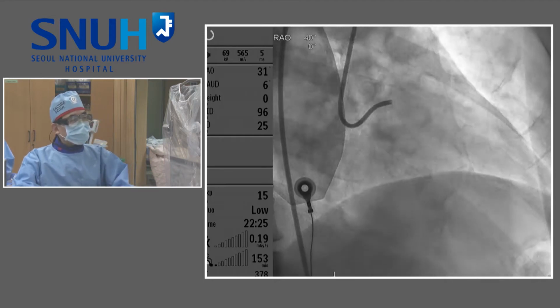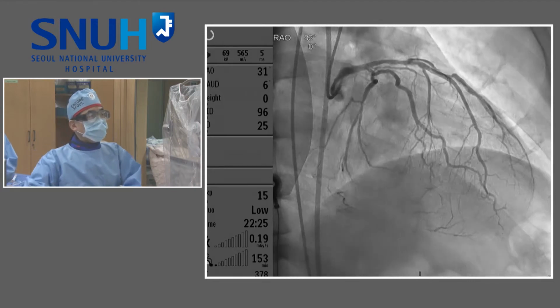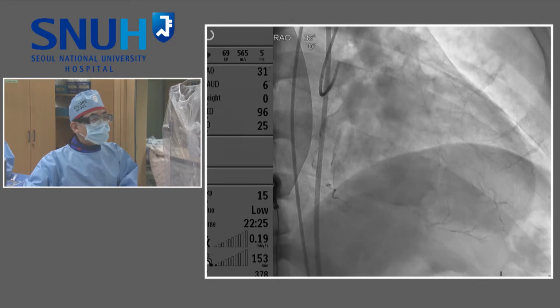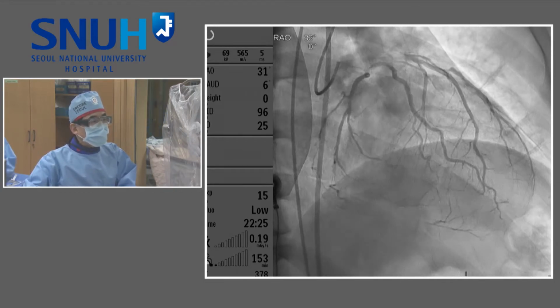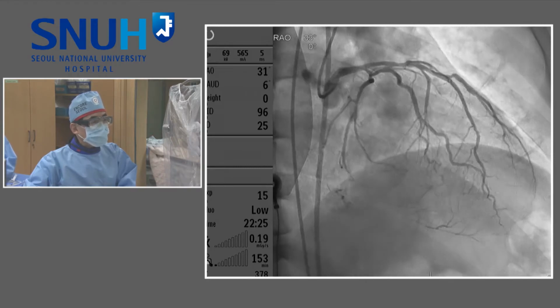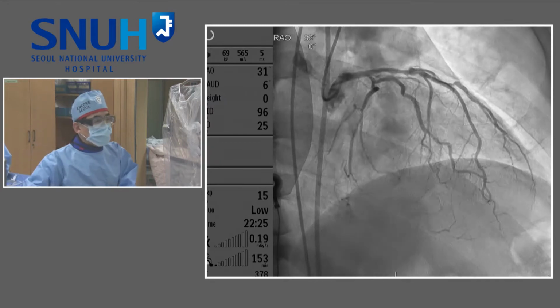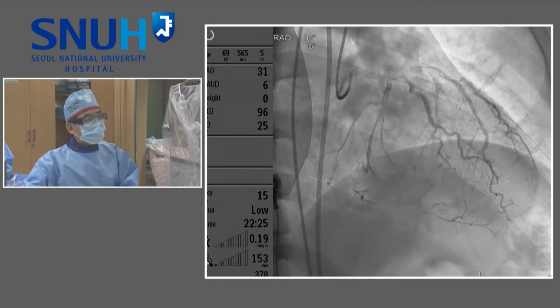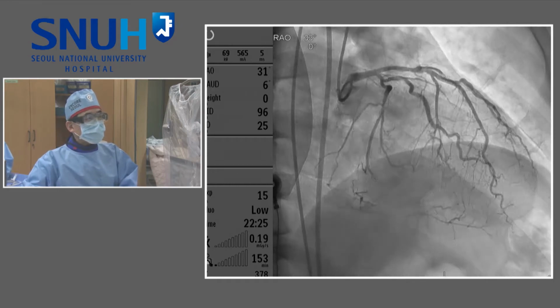From left to right collaterals, there are several septal collaterals from distal LAD to PDA. Is there any question or comment until now? Any other comment about this presentation?